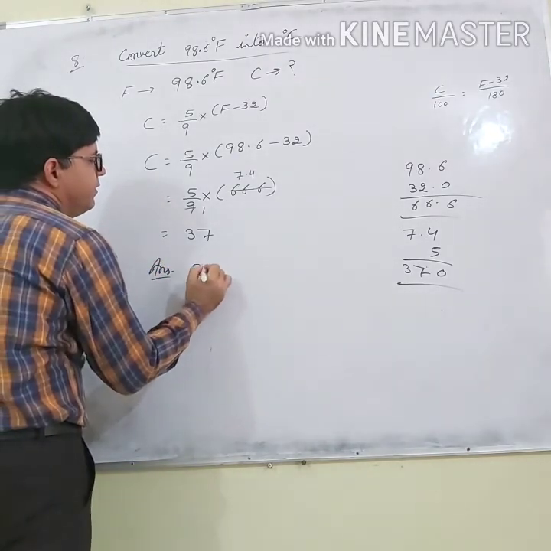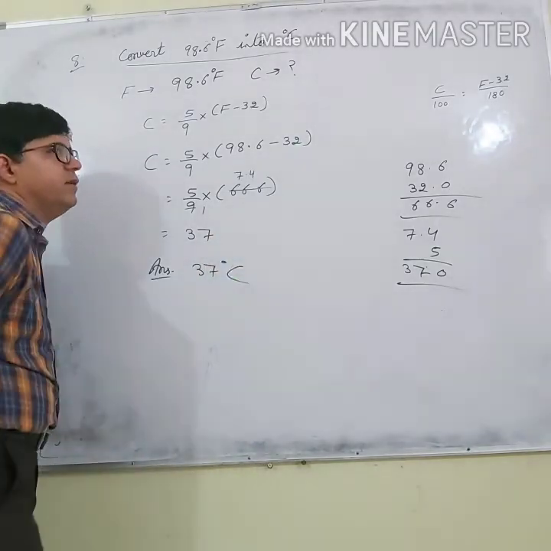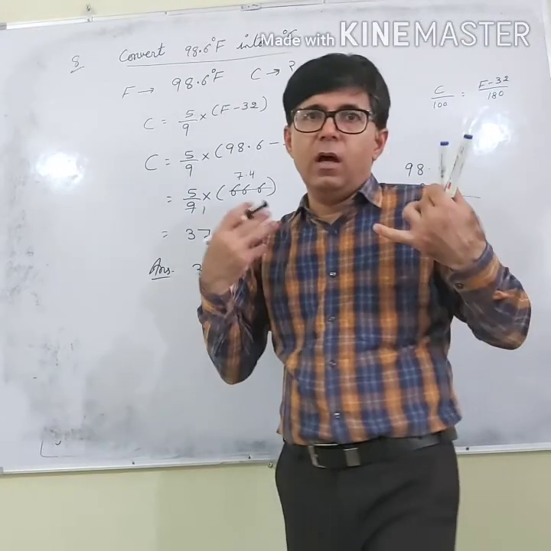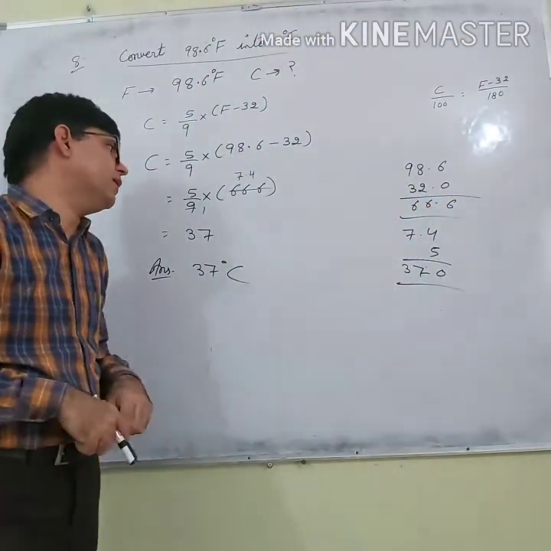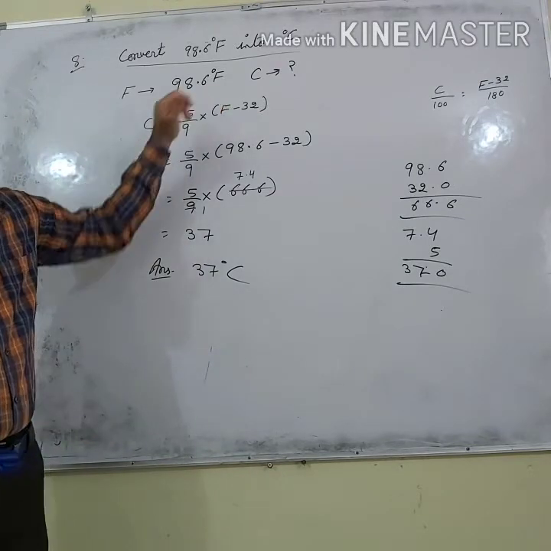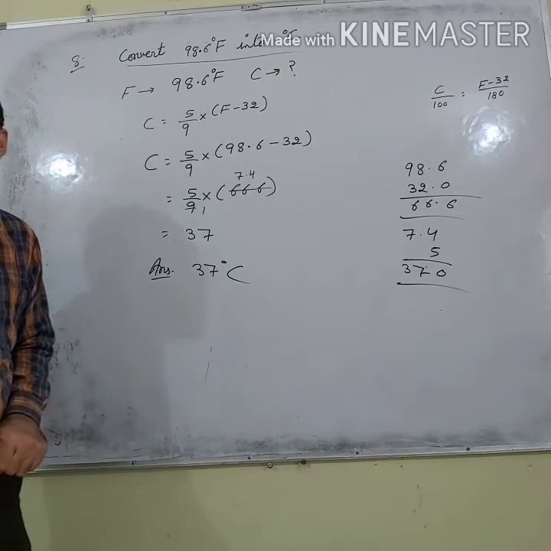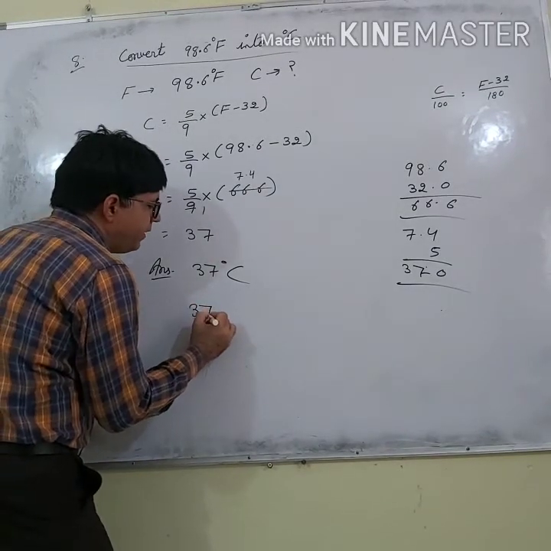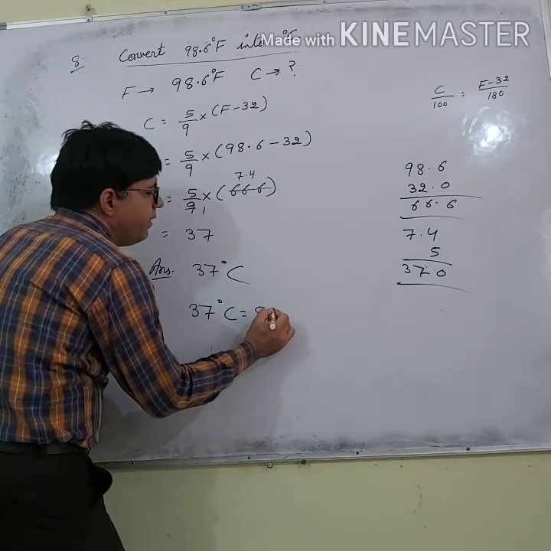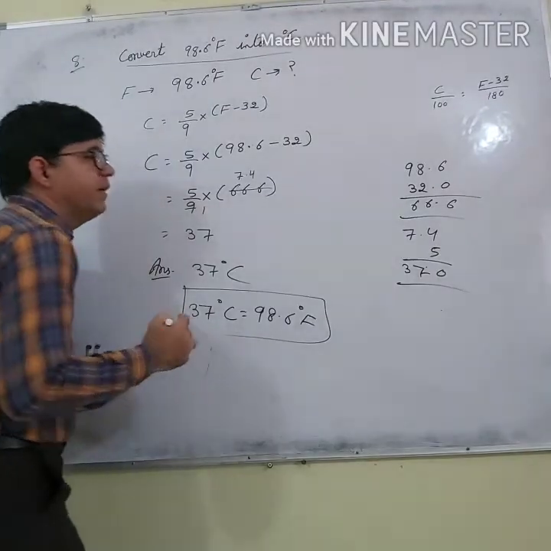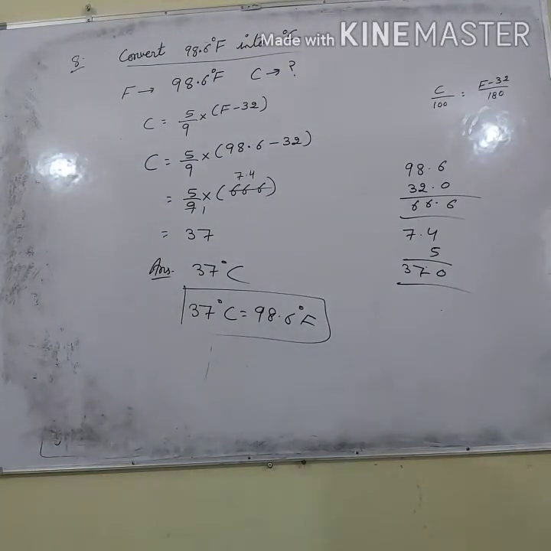It means answer is 37 degrees Celsius. What is 37 degrees Celsius? This is our body's temperature. If you take a thermometer and measure, what answer will come? 98.6. So you can say 37 degrees Celsius is equal to 98.6 degree Fahrenheit. Right?